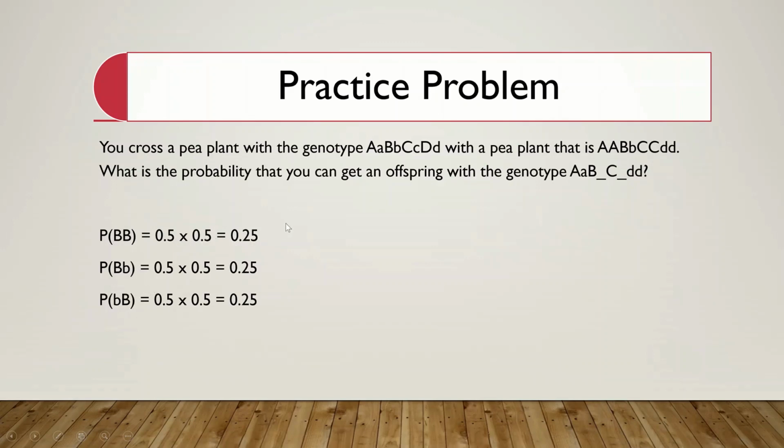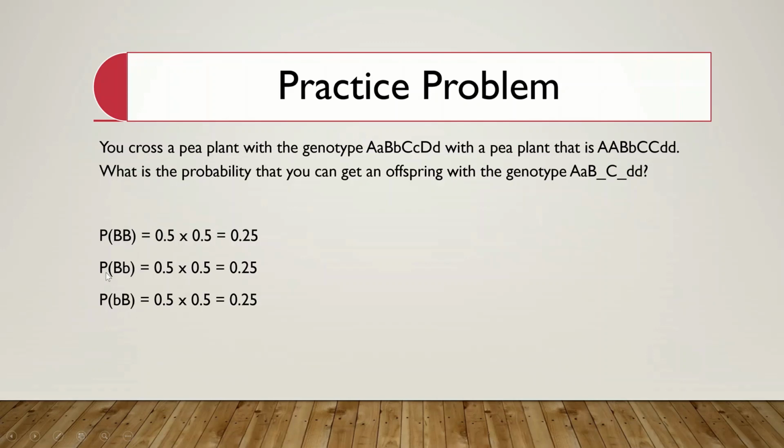And for big B, little b, there's one big B from parent 1 and one little b out of the two alleles from parent 2. So 0.5 times 0.5 once again to get 0.25. And this is similar for little b, big B, with parent 1 having one little b out of the two and parent 2 having one big B out of the two alleles for gene B to get 0.25.